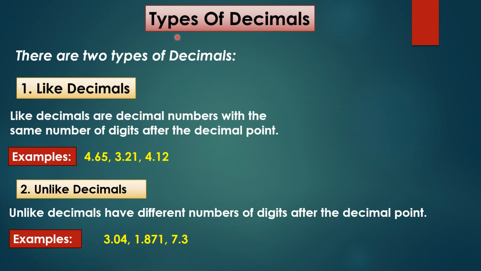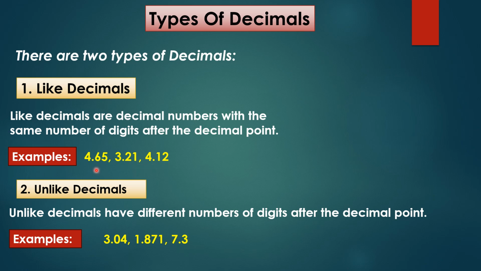Now let's understand types of decimals. There are two types of decimals: like decimals and unlike decimals. Like decimals are decimal numbers with the same number of digits after the decimal point. For example, these are decimal numbers: 4.65, 3.21, and 4.12.